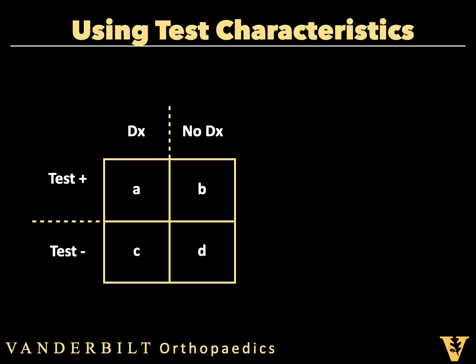Now, we can use this, but before we do, I just want to point out something very important. When we are measuring sensitivity and specificity, it is my position that this should only be reported when there is population data.